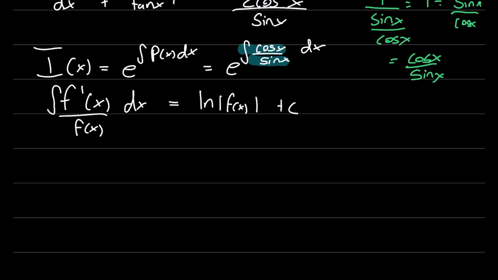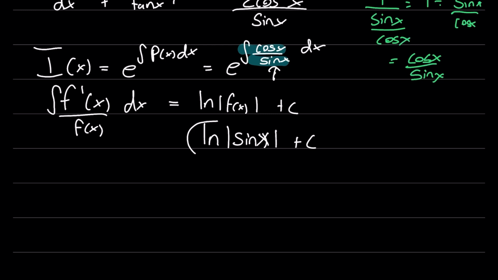In this case, the derivative of sine is cos, so it's f prime of x over f of x. So what we're going to have is ln of the denominator, which is f of x. So it's ln of f of x plus c, where f of x in this case is just sine x.